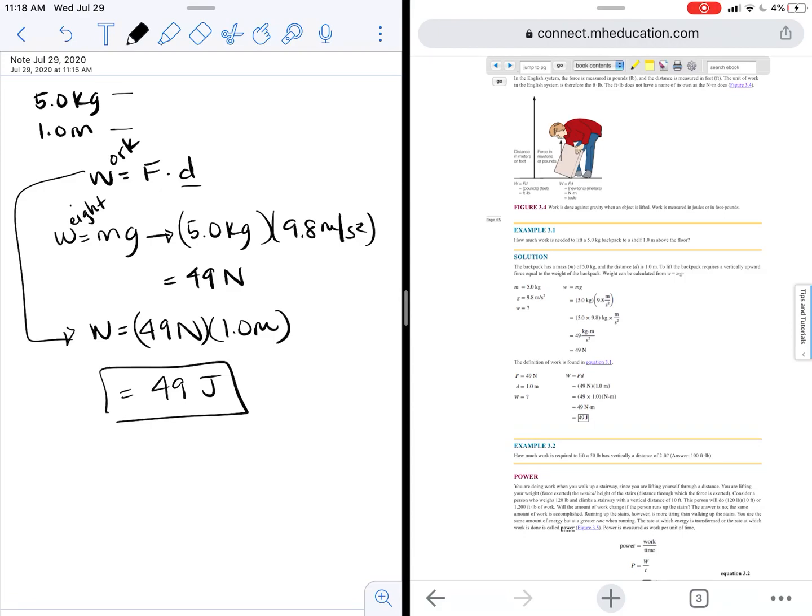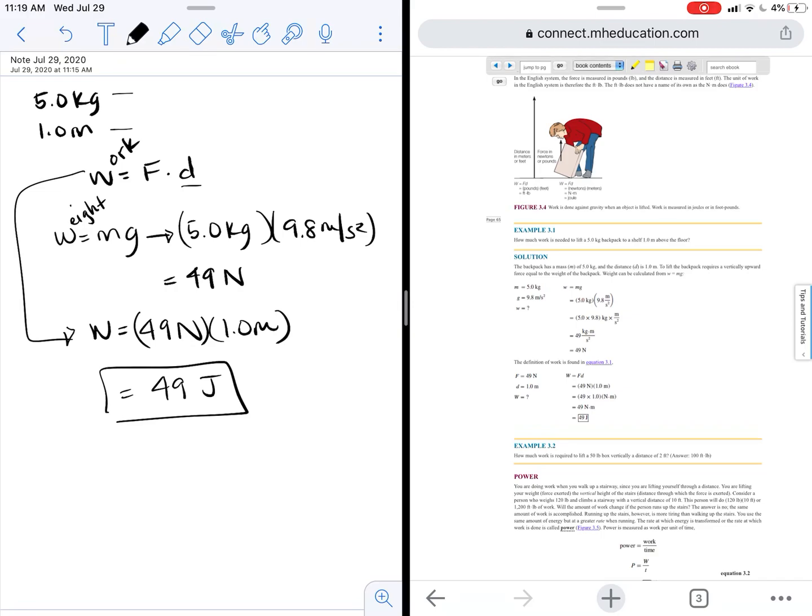I'm sorry, not your work, your weight, because it says 50 pounds, so you don't have to convert anything there. A foot-pound is also a unit of work, but I am mostly just going to focus on metric system stuff just because I don't really want to confuse that situation too much more.